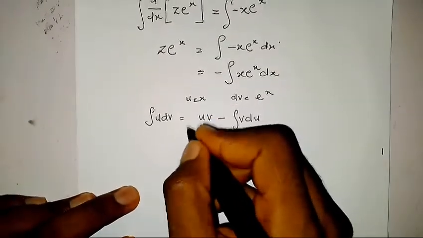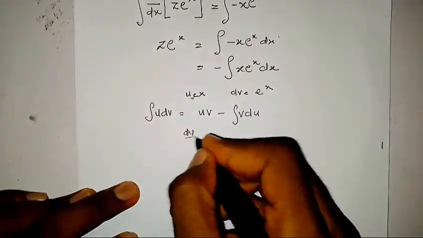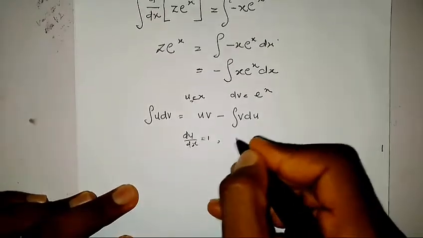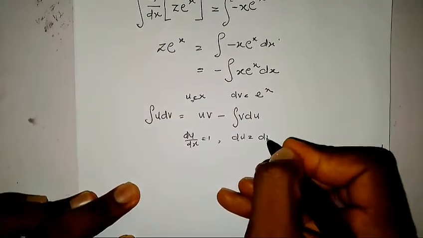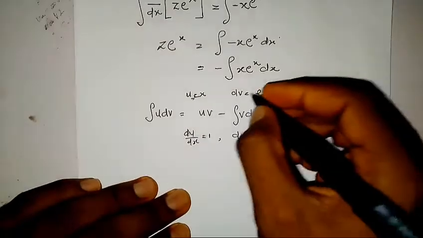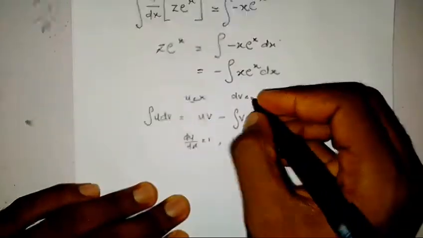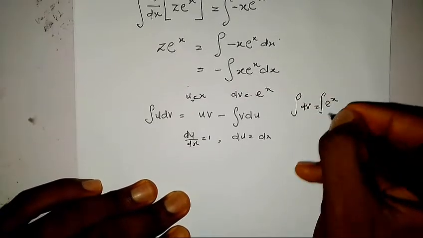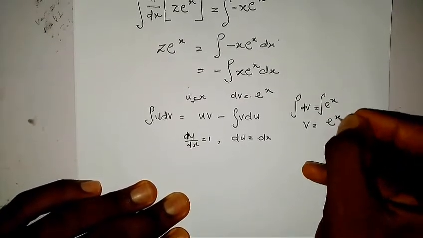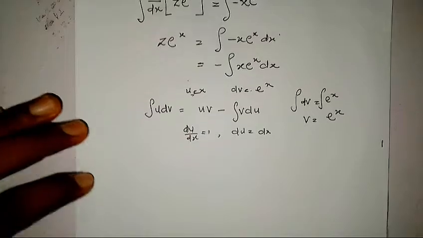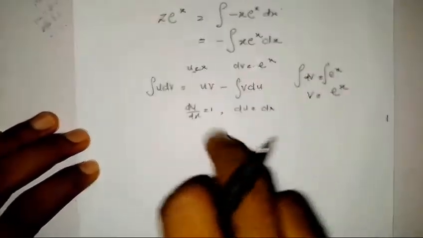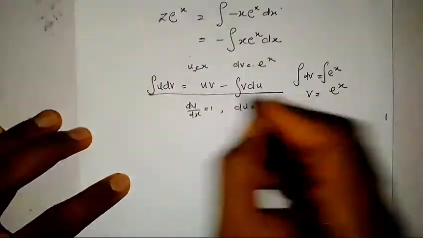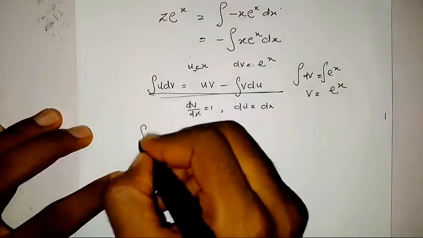So my u, I identified it to be x, and my dv, I identified it to be exponential x. Differentiating u, du/dx is equal to 1, which makes du equal to dx. Remember, we differentiate this and we integrate this. So integrating dv, which is equal to exponential x, we have v is equal to exponential x, right? So now we substitute these values into the integration by parts method.